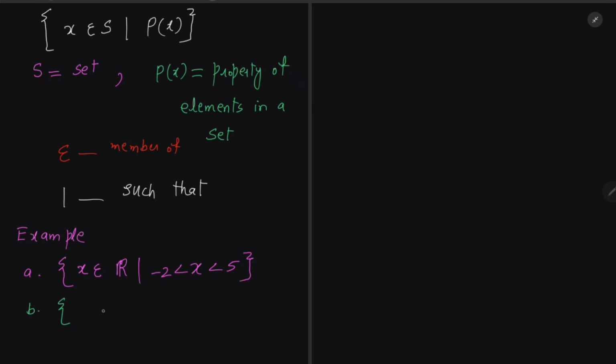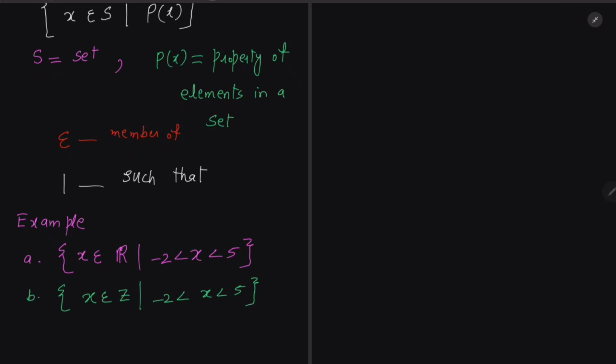Another example, if you say that x belongs to Z, which is integer, such that x is -2 to 5, this can be written in the set form since these are integers.